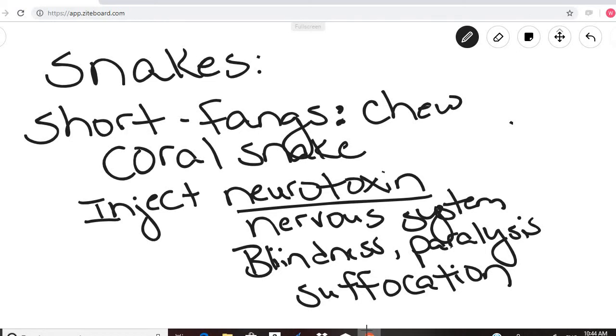So neurotoxins come from short-fanged snakes.